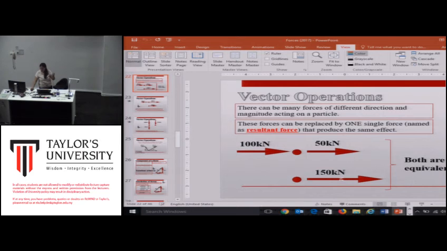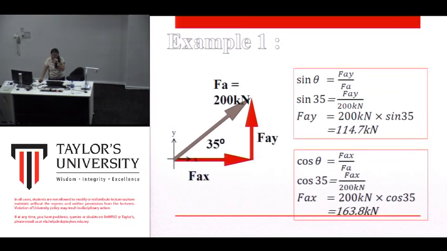Some of you may find it a bit confusing how to decide when I should use sine or when I should use cos. So I'll tell you one simple rule. This is the angle given to you. If you are looking for the component that is attached to the angle, we use cos.